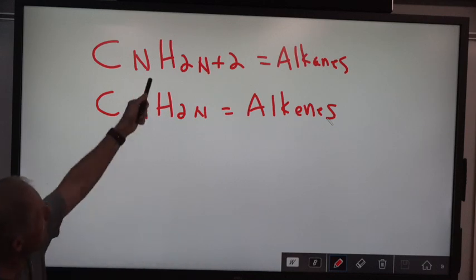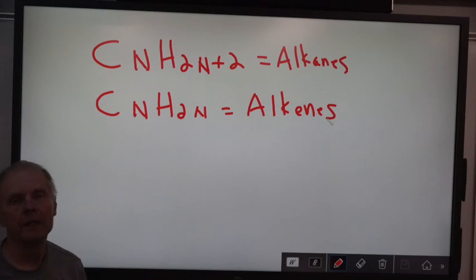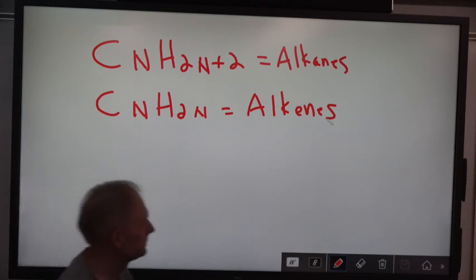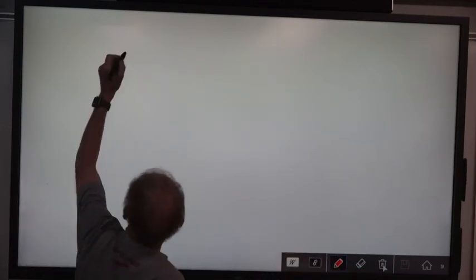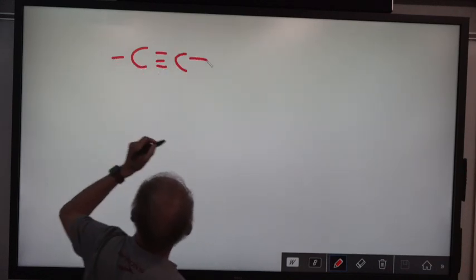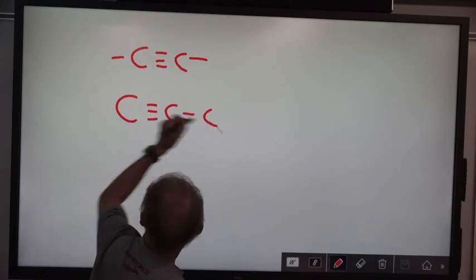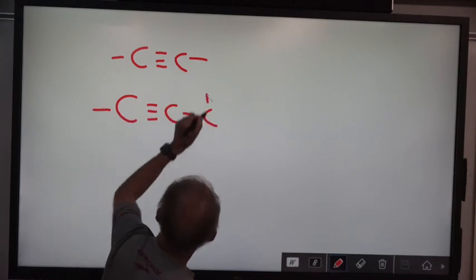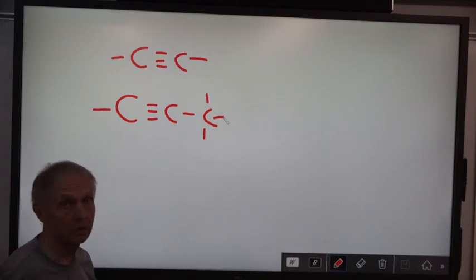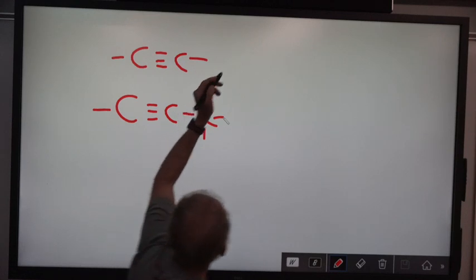So we have the alkanes general formula. We have the alkenes general formula. Now let's look at the alkynes. Our first alkyne looks like this. Our second one looks like this. So let's look. 2 C's, 2 hydrogens.